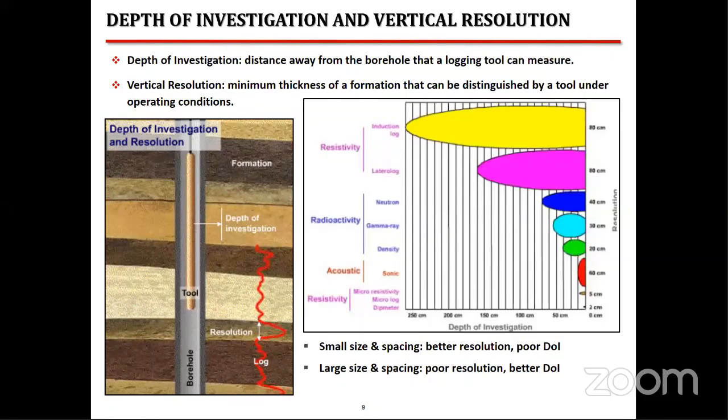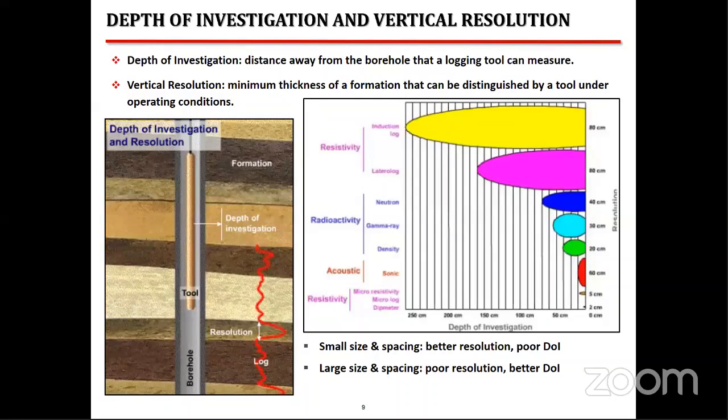On the other hand, when the size and spacing between the sensors is large, for example, lateral logs or induction logs, the result is poor vertical resolution, that is, formations or beds that have thicknesses lesser than 80 centimeters will not be identified clearly by lateral logs or induction logs.